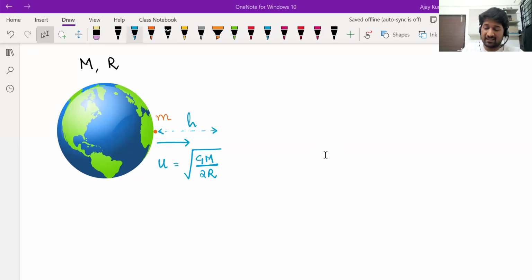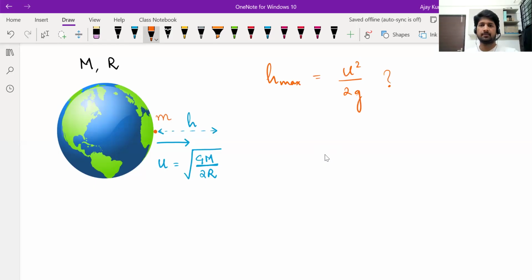Can we use equations of kinematics or the formula for H max that we derived in motion in a straight line, that is u square by 2g? Can this formula be used here?